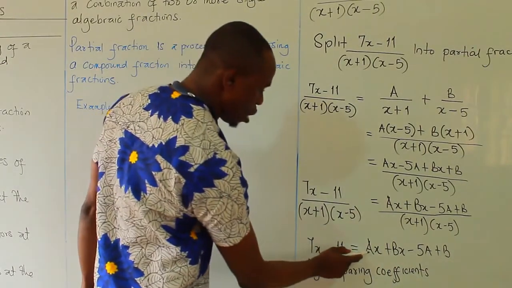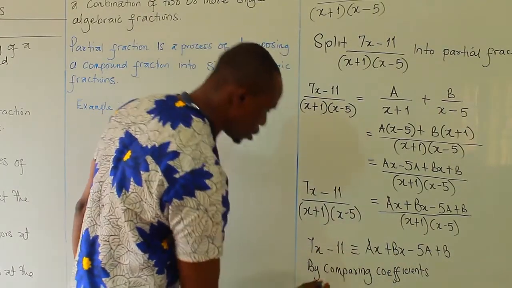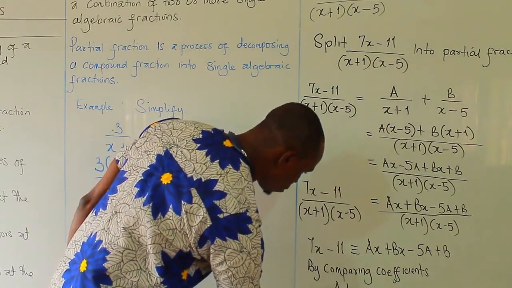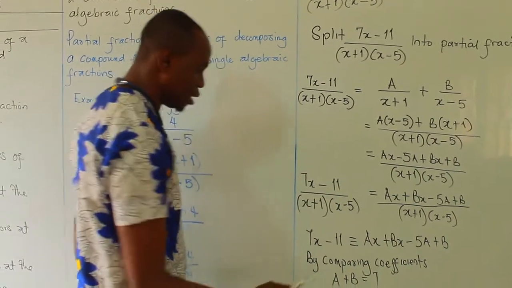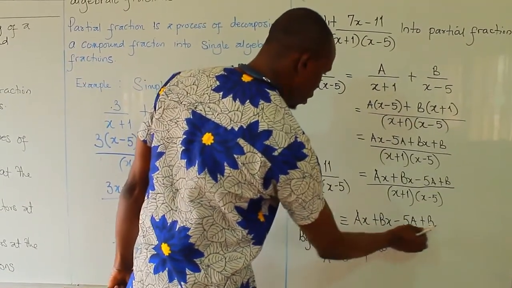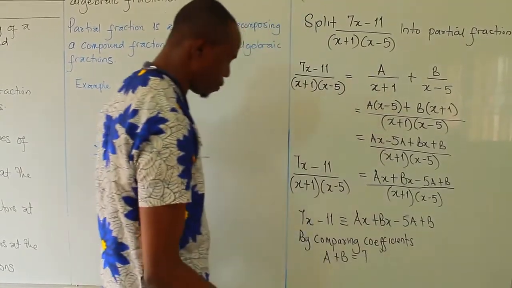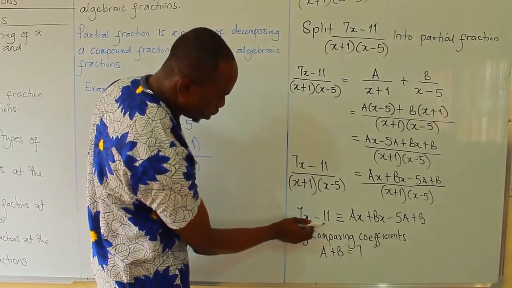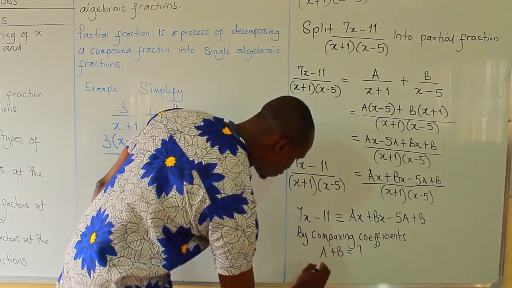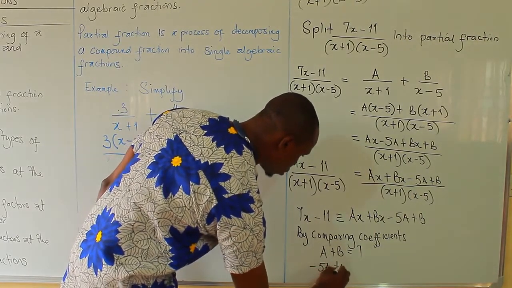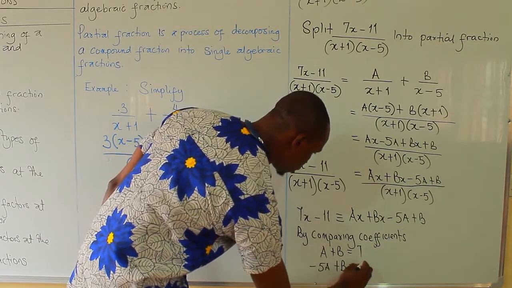So a plus b is equal to 7. So I write a plus b to be equal to 7. And similarly, minus 5a plus b, the constant values here, bring about the minus 11. So I also write minus 5a plus b is equal to minus 11.